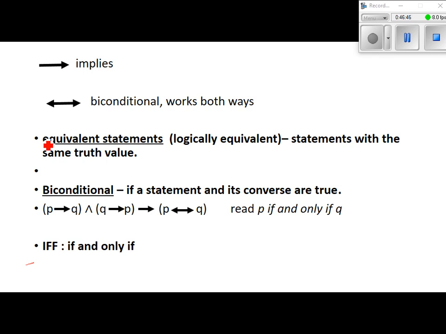So if you see something that looks like this, it's just some symbolism that we're going to use throughout the rest of the year. If you see something like this, it's just read: Joe implies Fred. All right? So what that would tell me is every time I see Joe, what else am I going to see? Fred. Now, does that mean every time I see Fred that I'm going to see Joe?